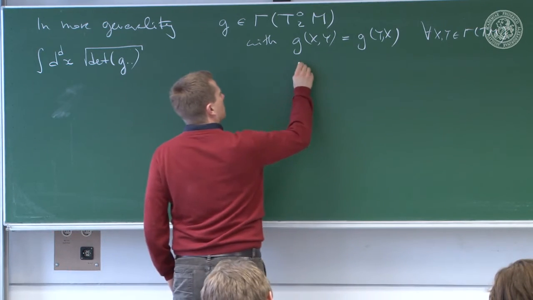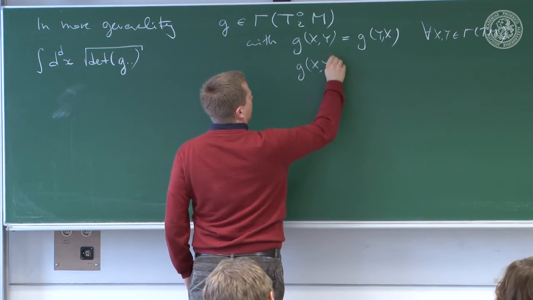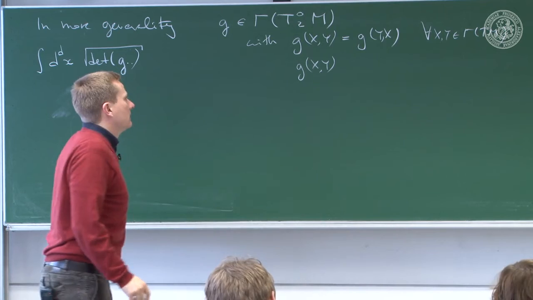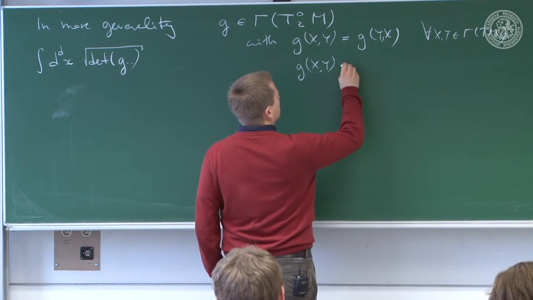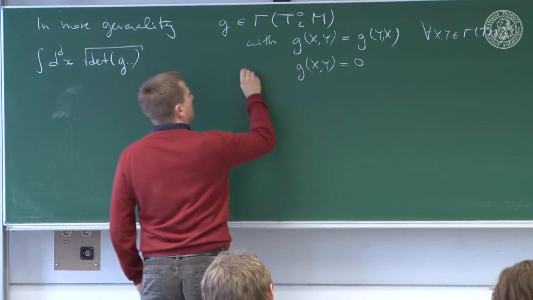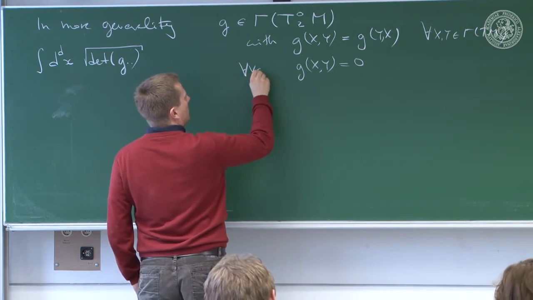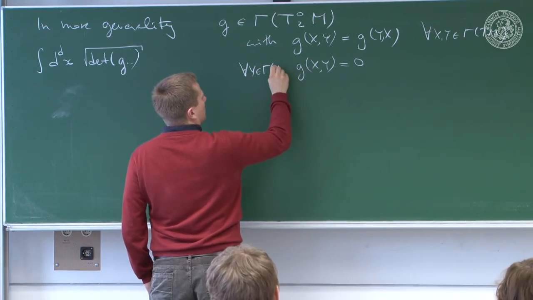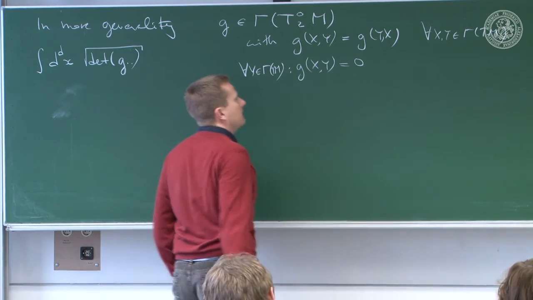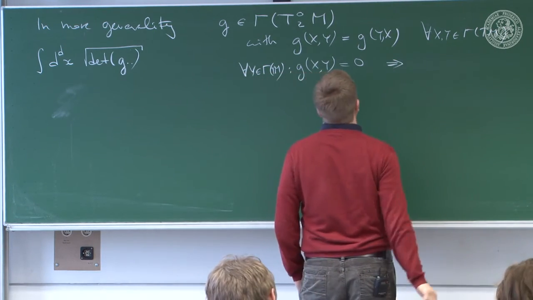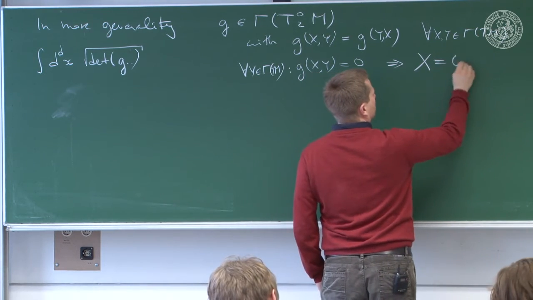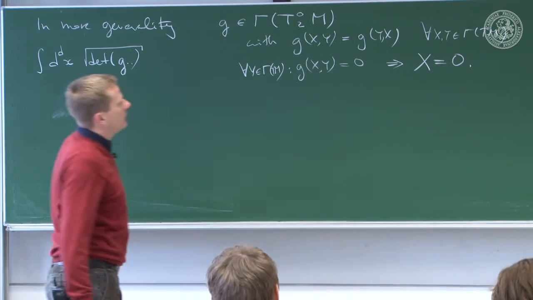And I also require that if G(x, y) equals 0 for every vector field y, but you can also do this pointwise, then already the vector field x is 0 everywhere.